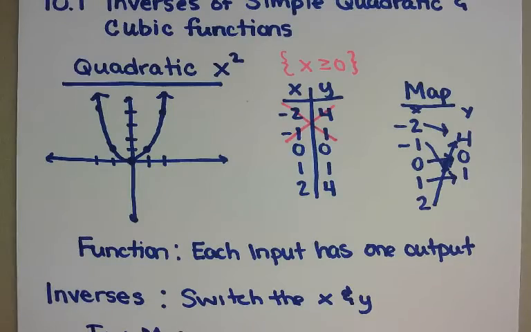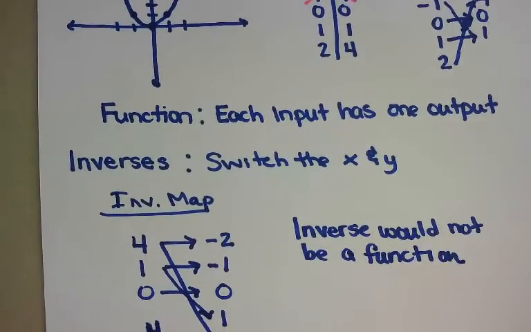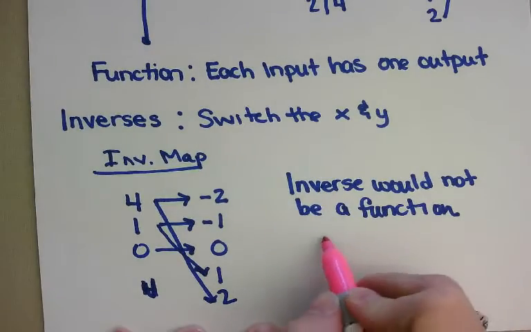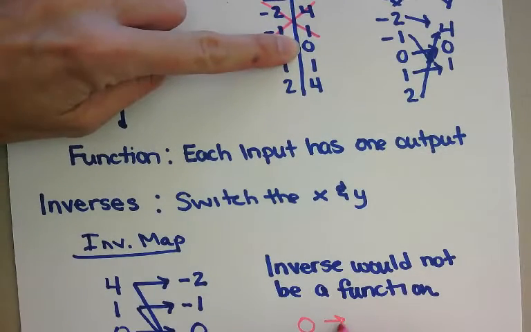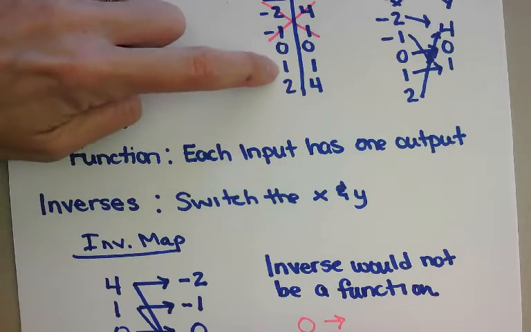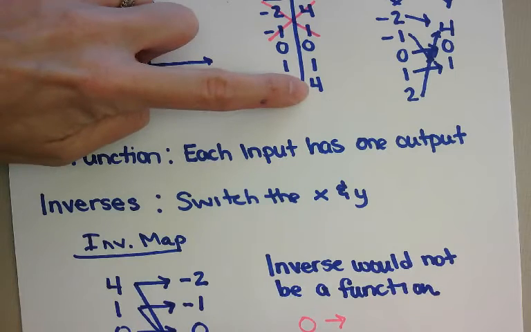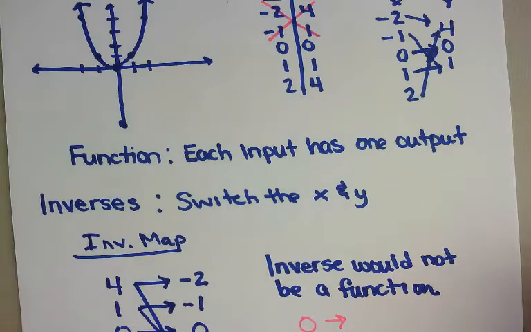And so if they eliminate those ordered pairs, then I would only have the 0 being mapped to the 0, the 1 being mapped to the 1, and the 4 being mapped to the 2, which then would make the inverse a function if the x's are greater than or equal to 0.